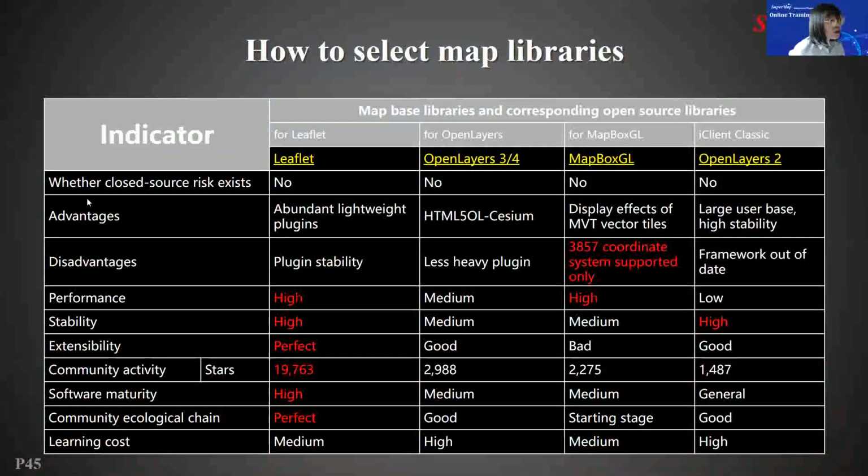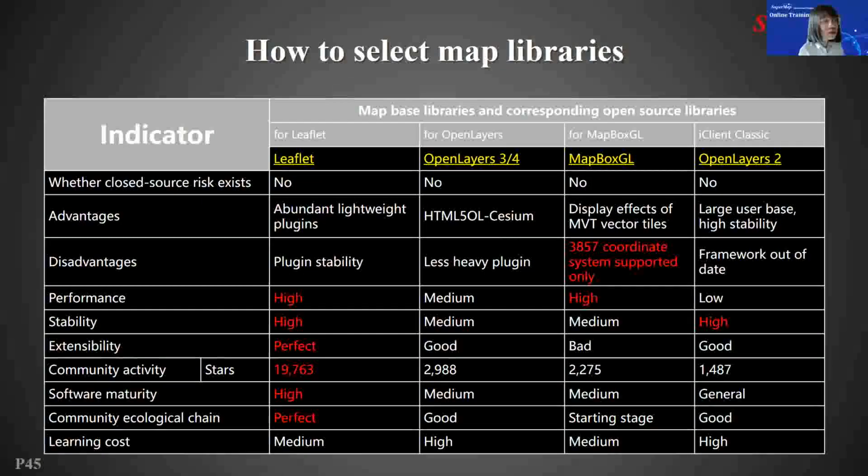For the advantages, Leaflet is very lightweight. OpenLayers now also integrates some more functions, so it will be heavier than others, but it also provides more functions, and also 3D.